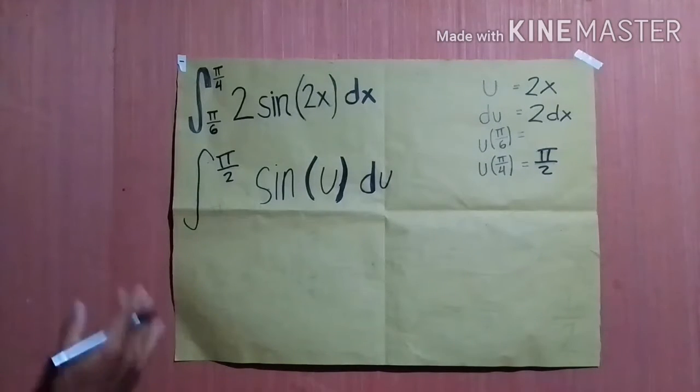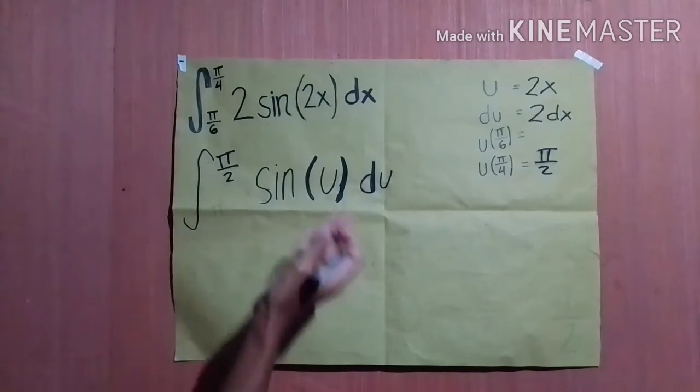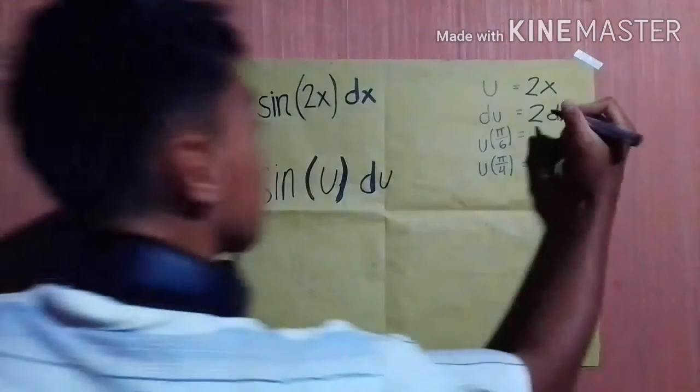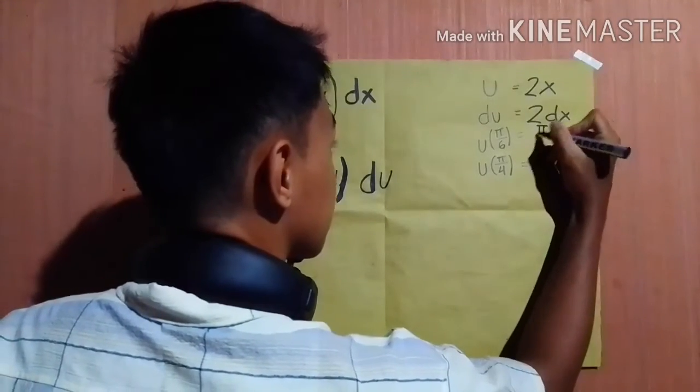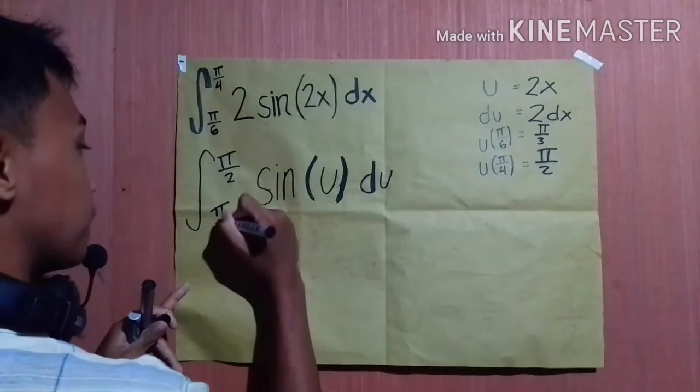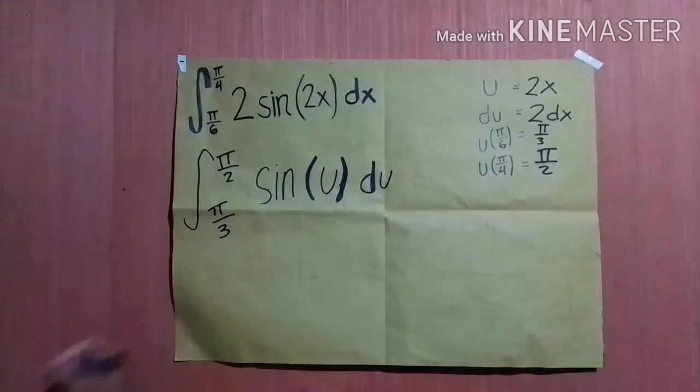And also, we put pi over 6 in u and we got pi over 3, and we put here pi over 3.